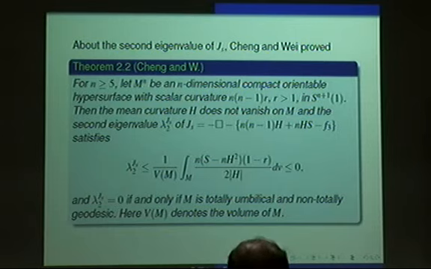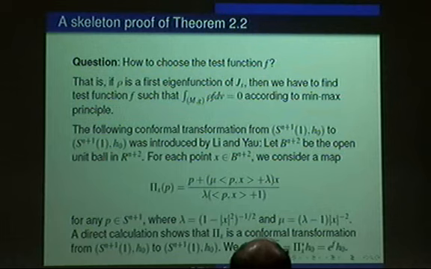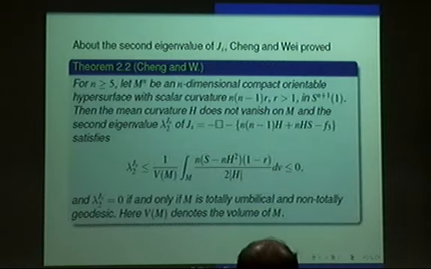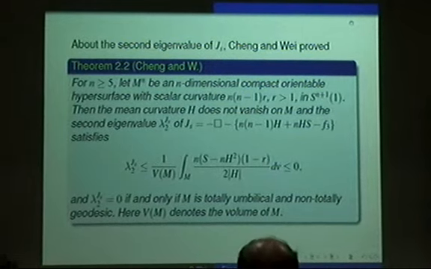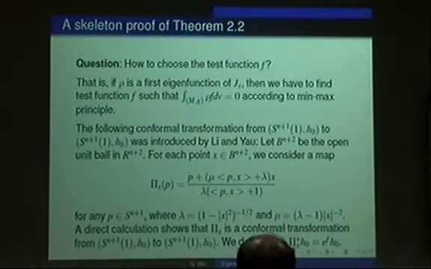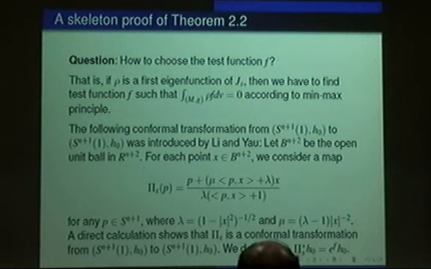Next I'll give the proof of these results. If we want to prove this result, it's important for us to find the test function. So the question is, how to choose the test function f?